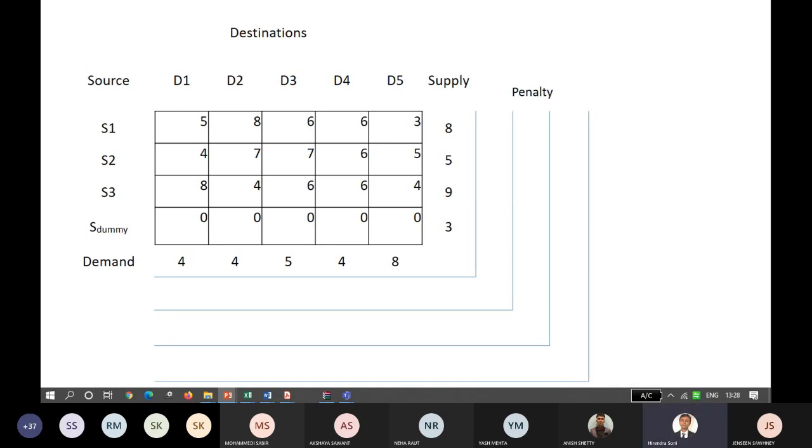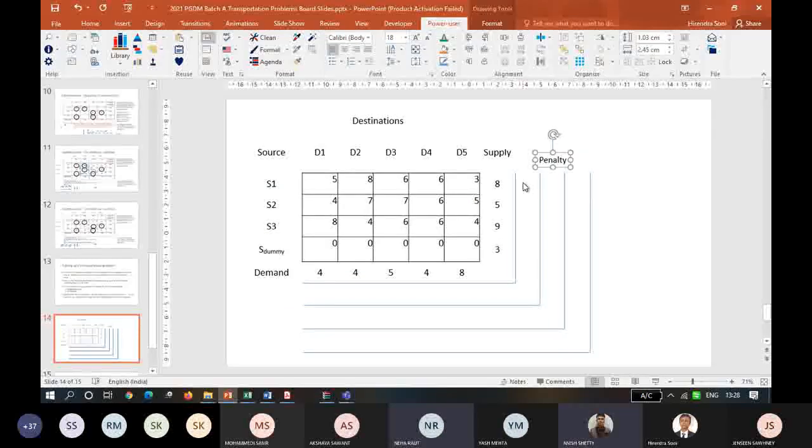Are we comfortable doing it? Yes, sir. Great. Should I do it parallelly or should I wait? Yes, sir, you can do it parallel.